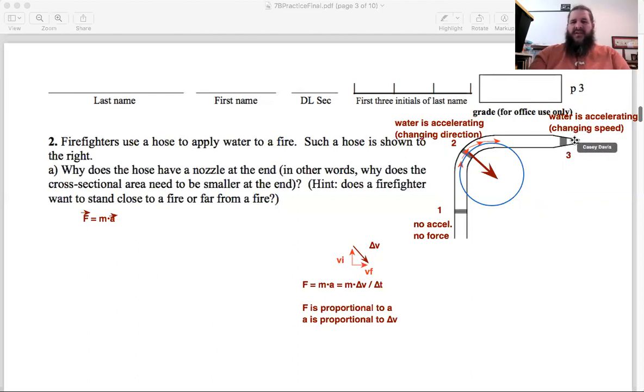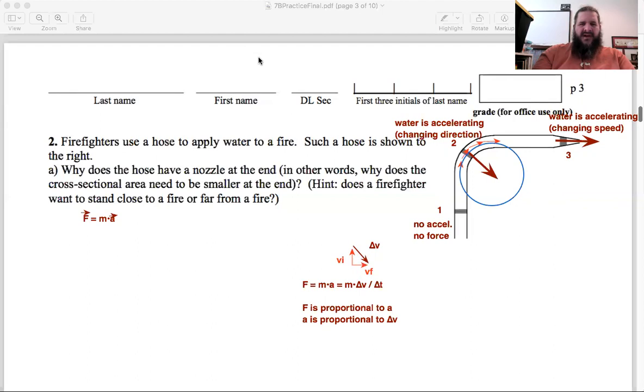Which direction does its acceleration have to be to make it get faster? Yeah, same direction as the velocity. So that's going to be to the right. So we should expect the acceleration here is to the right, and therefore the total force is also to the right.